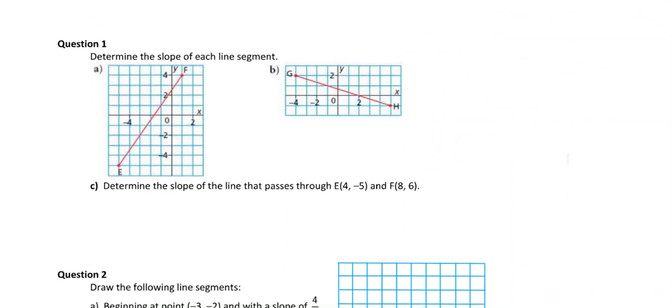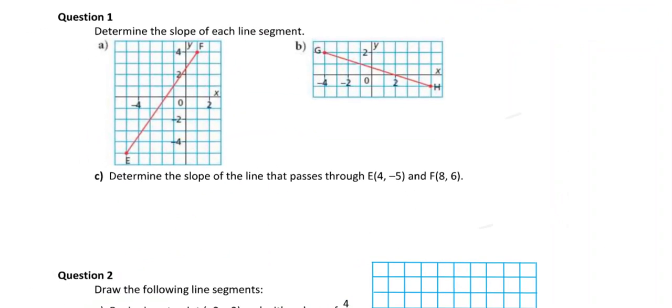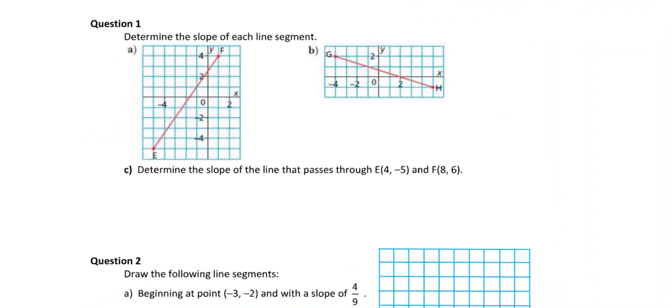All right, first one here: determine the slope of each line segment. A good way to do this is to just draw a triangle. I know you guys in science right now are doing the same thing. So how much does this thing rise? In this case, you can look at the boxes and count them because they go up by 1.